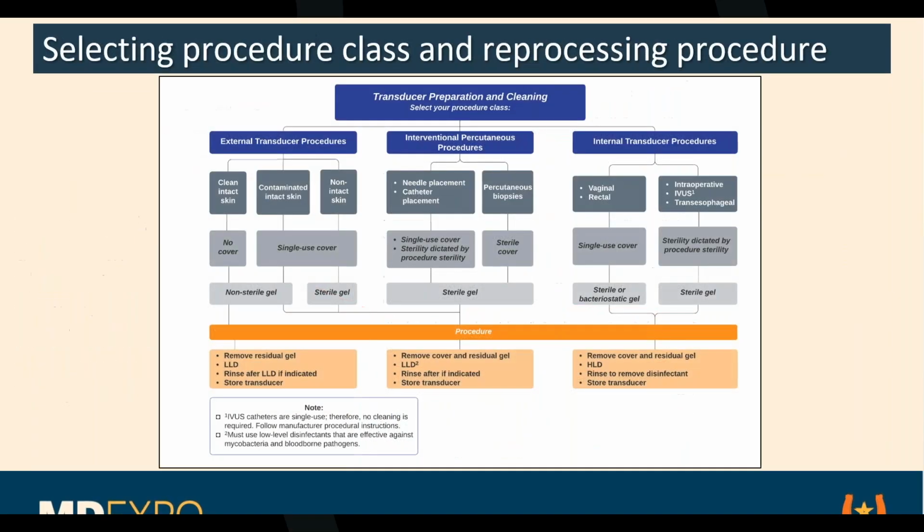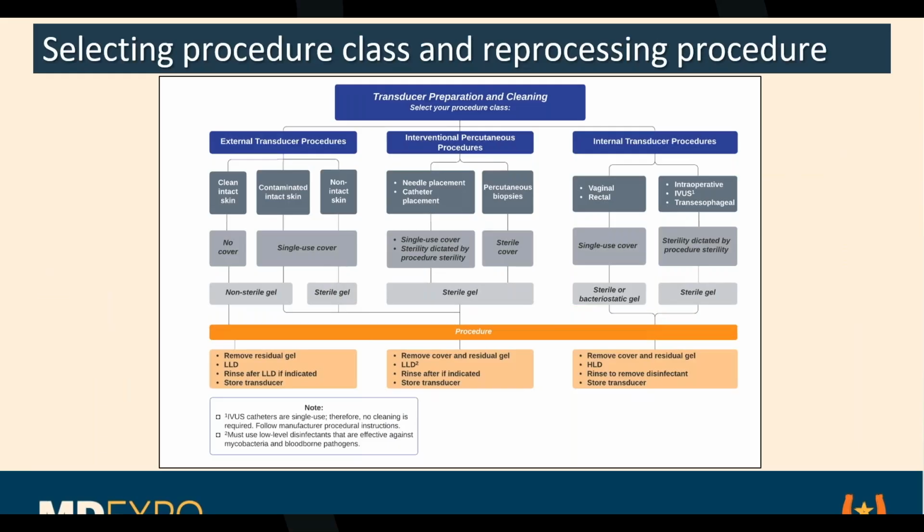So how do they select the procedure class and reprocessing procedure for an ultrasound probe? Well, this again is from the AIUM, American Institute of Ultrasound in Medicine, and they take a look at all the things that you should do.